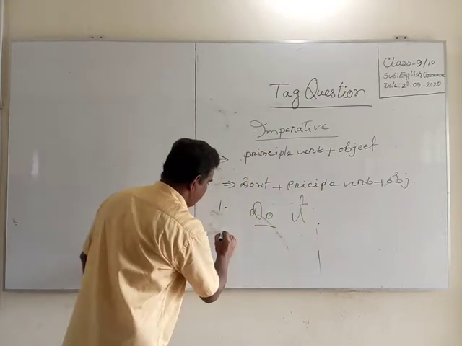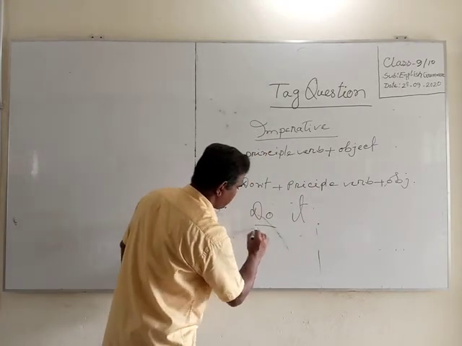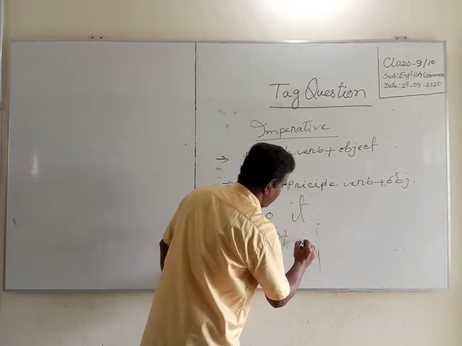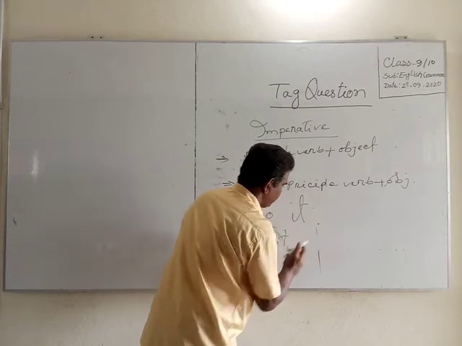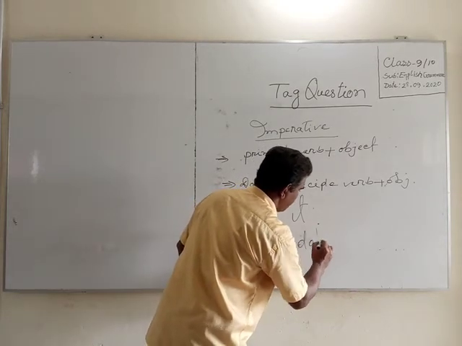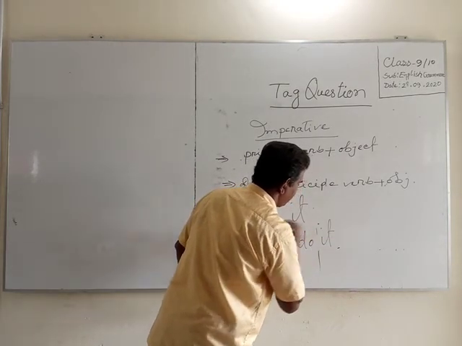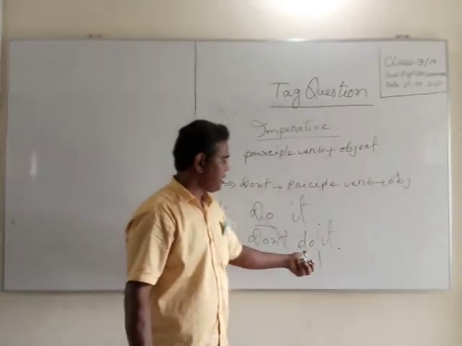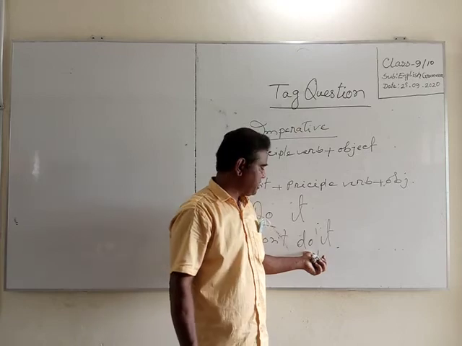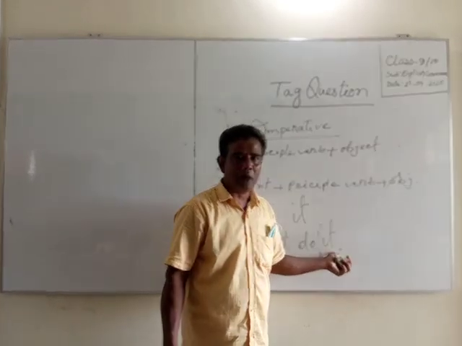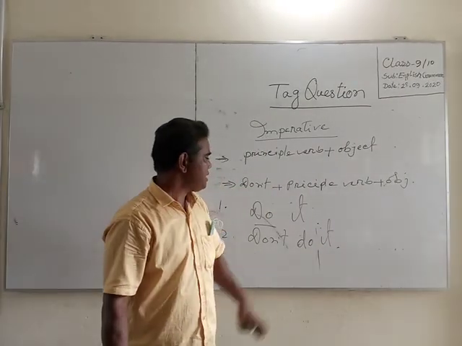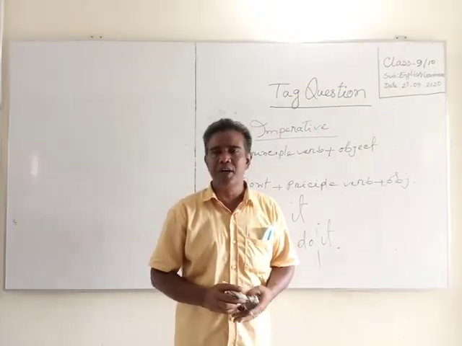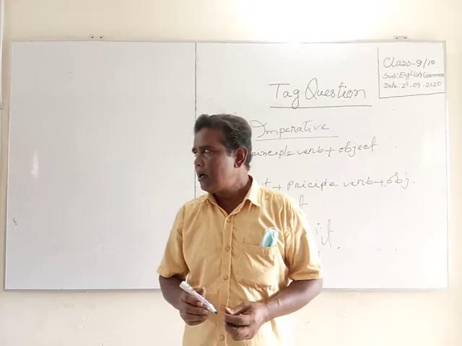And another, number two, don't do it. In this sentence, don't is the auxiliary verb and the next do is the principal verb and it is the object. And these two are the structure and example of an imperative sentence.